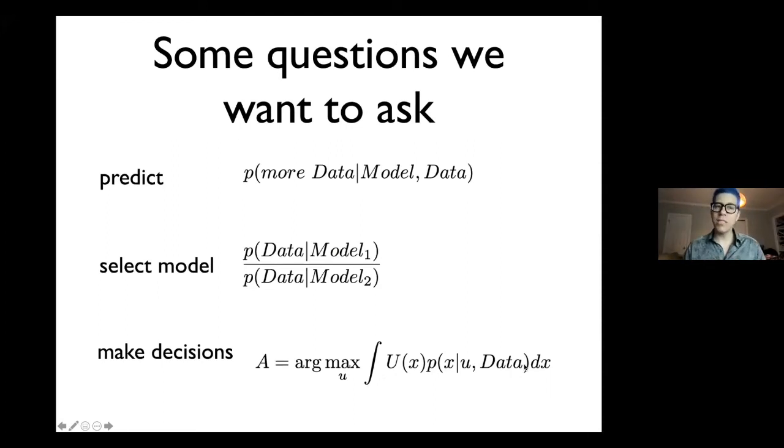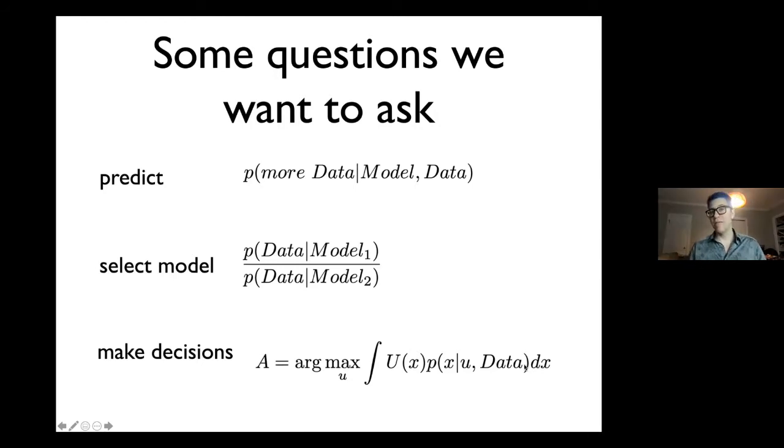Now, what are some questions that we really want to ask? And why do we want to use Bayesian statistics? One of the points is that we might want to make predictions. I want to predict the probability of future data, given maybe a model that I have and data that I have.